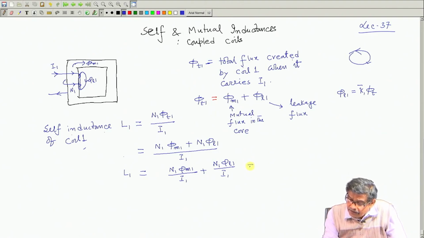Sometimes this inductance is called the magnetizing inductance LM1, and this is called the leakage inductance LL1.